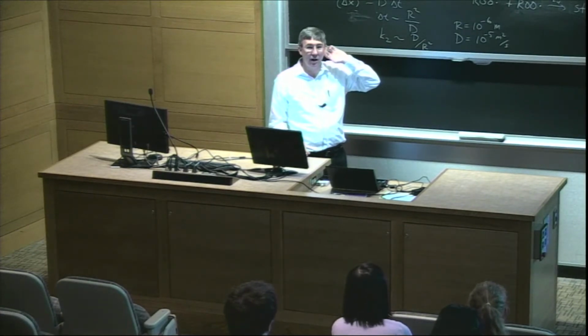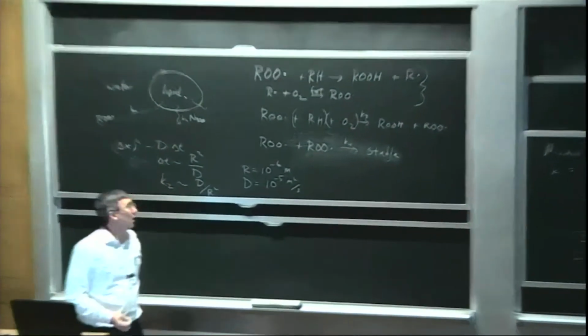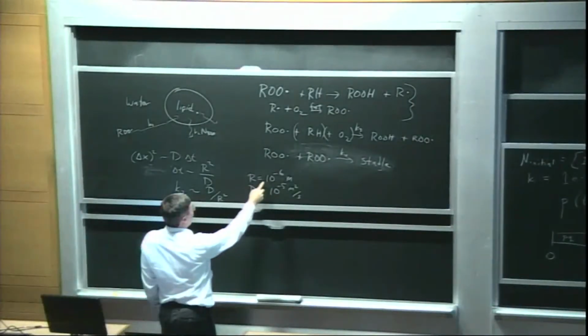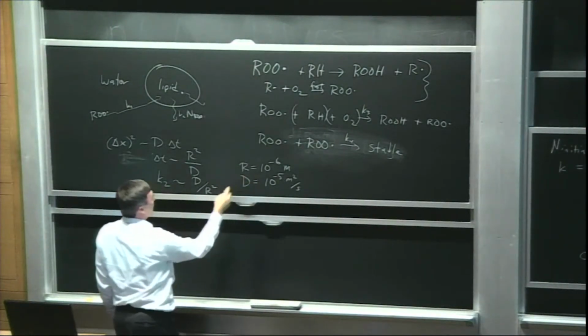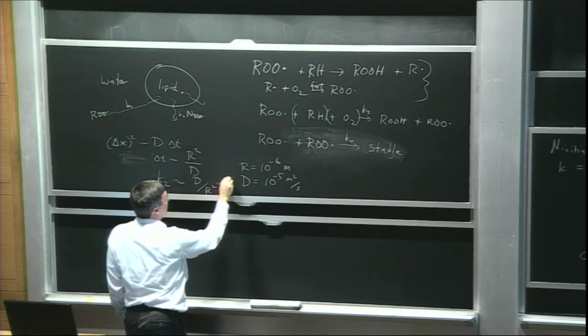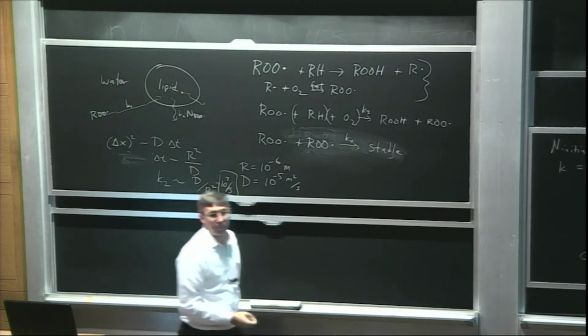Meter squared. Okay, so meters. So for a lighter, smaller molecule, it's reasonable. Okay. So this number should be something like 10 to the minus 5 divided by 10 to the minus 12, so something like 10 to the 7.